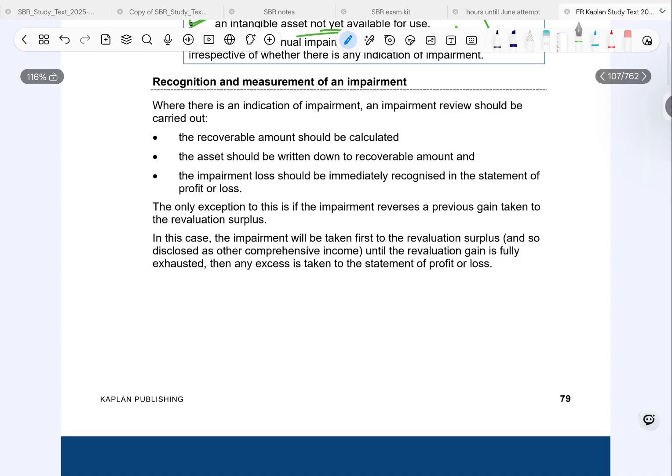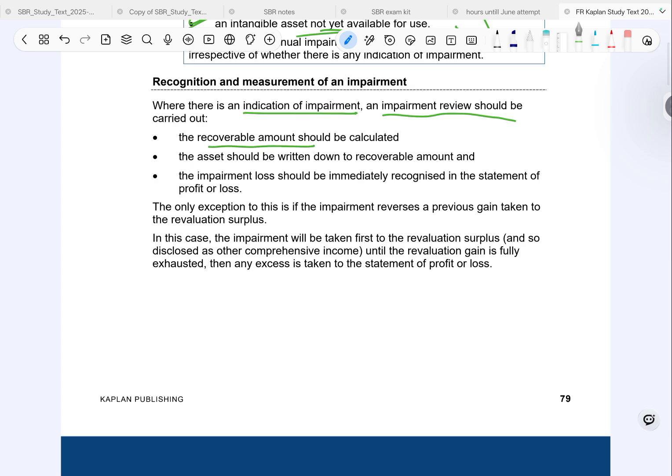Recognition and measurement of an impairment. When there is an indication of impairment, an impairment review should be carried out. That's obvious. So the recoverable amount should be calculated.